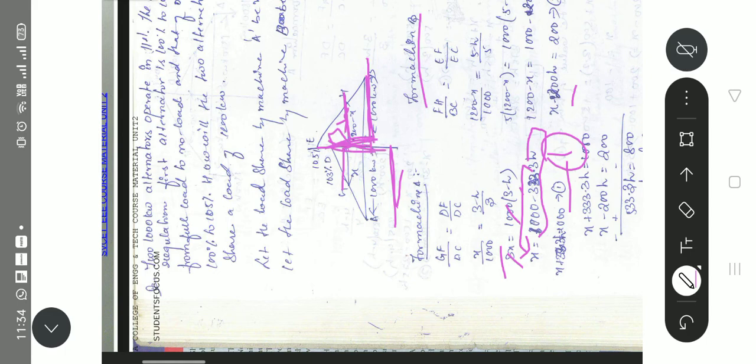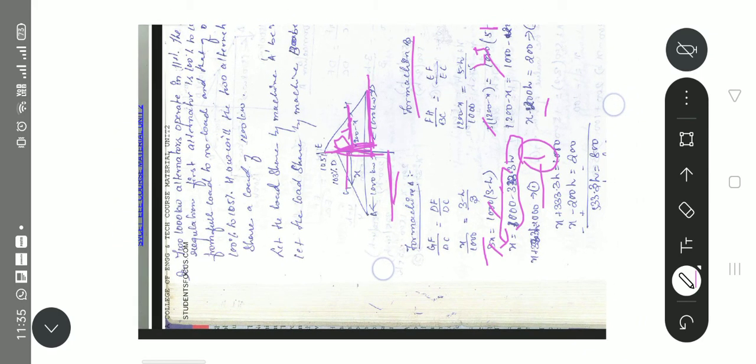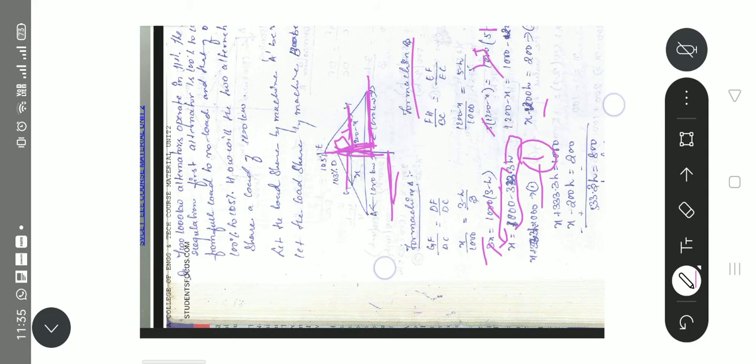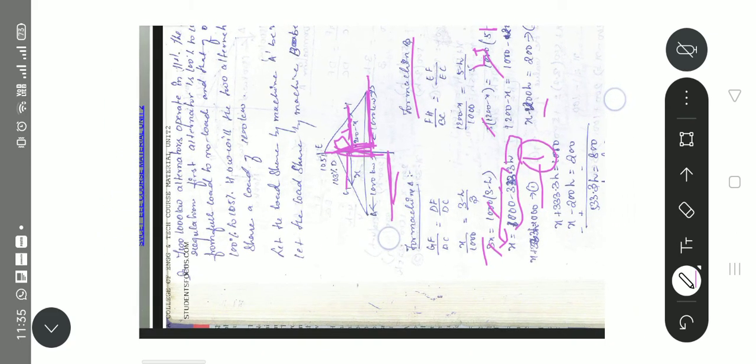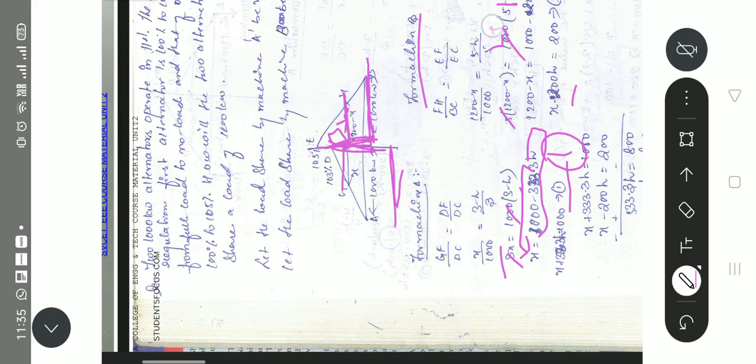Cross multiplying, we get 5 into 1200 minus X is equal to 1000 into 5 minus H. Dividing by 5, we get 1200 minus X is equal to 1000 minus 200 H. From this, X minus 200 H is equal to 200. This is the second equation.